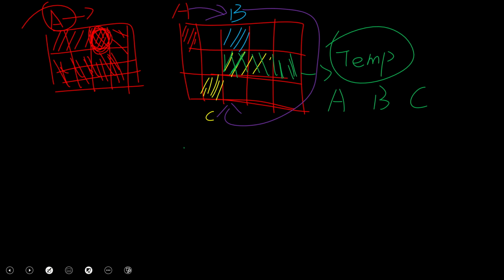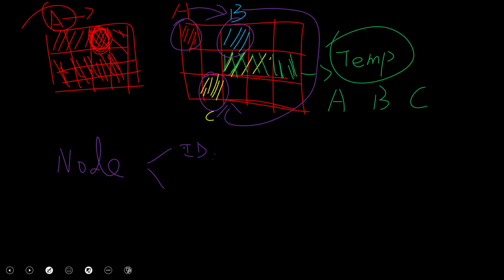So in the linked list, the very important part is that first you need a node. For example, A, B and C are nodes. A node has two very important components. First, we need a node ID.